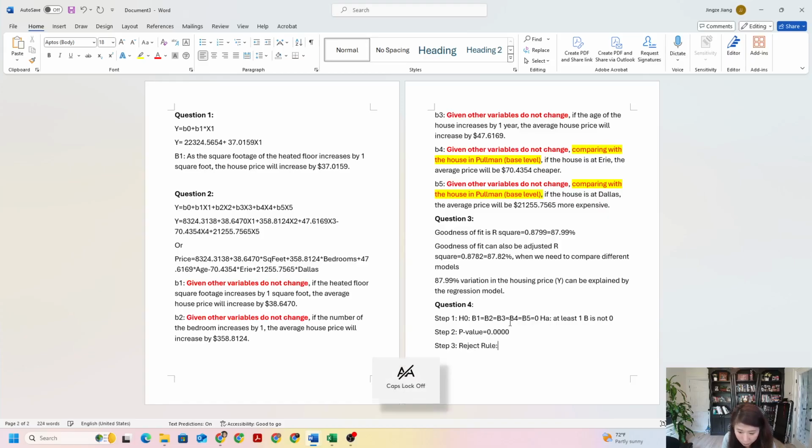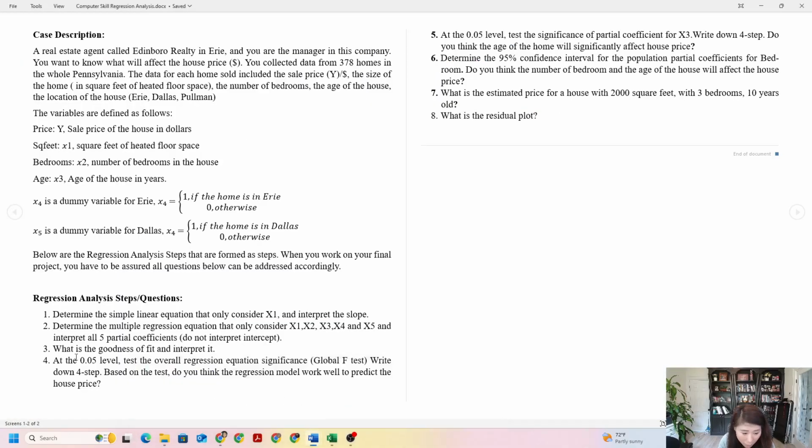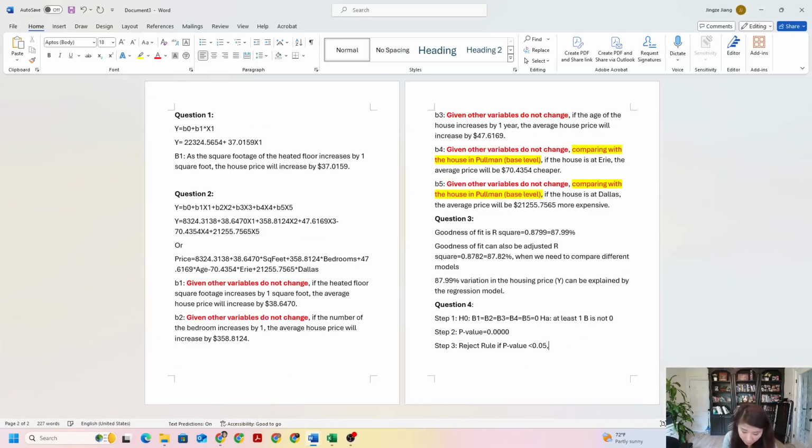In this class we're using the same rejection rule: if p-value is smaller than 0.05, because sometimes the question will say 0.01. How do you know if it's 0.05 or 0.01? You just need to read the question one more time, right? Here it said at the 0.05 level, so that will be 0.05. If the p-value is smaller, we will reject H0.